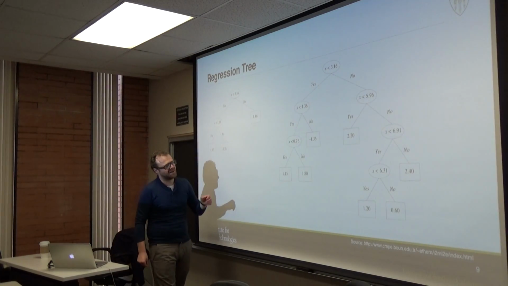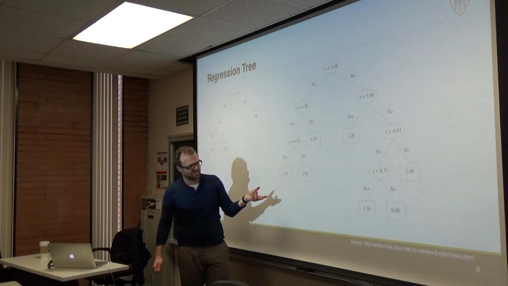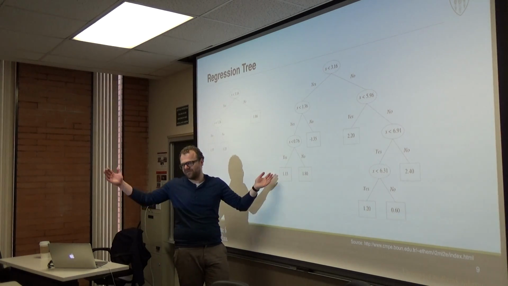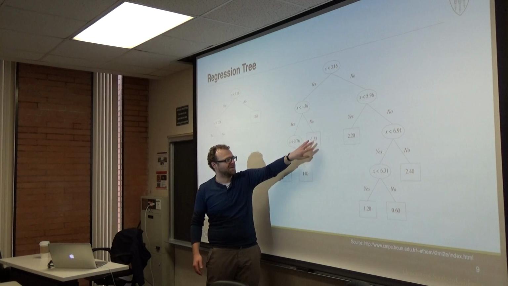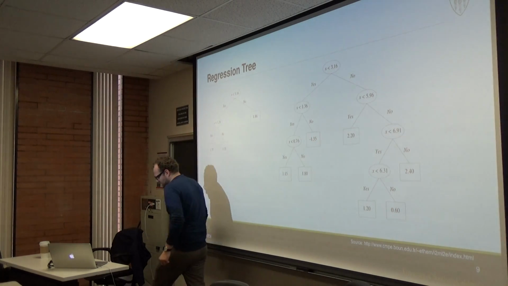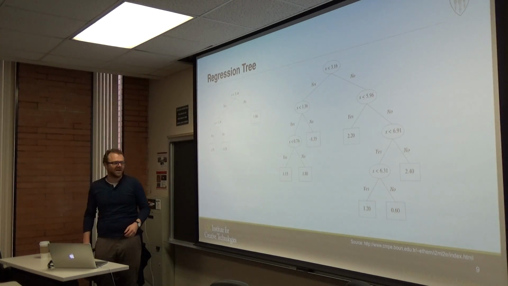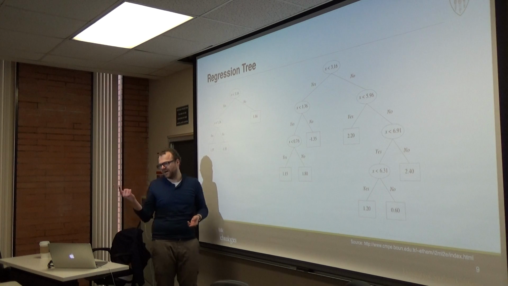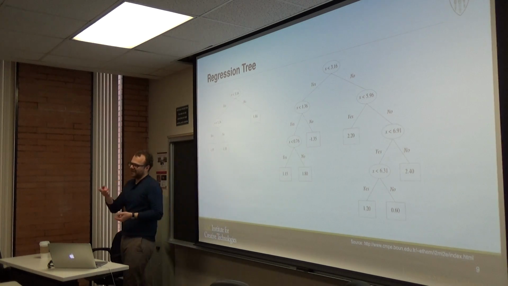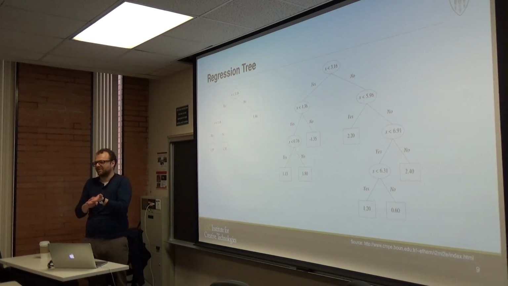All right, and then again, you can play this game however detailed you want to play it. The worst case, again, you would have a very wide tree where every single leaf node only has one value in there, and the one value is used to calculate the mean and the variance. The mean value is going to be the value, and the variance is going to be 0, right?